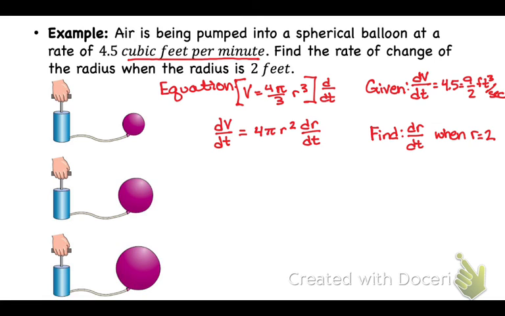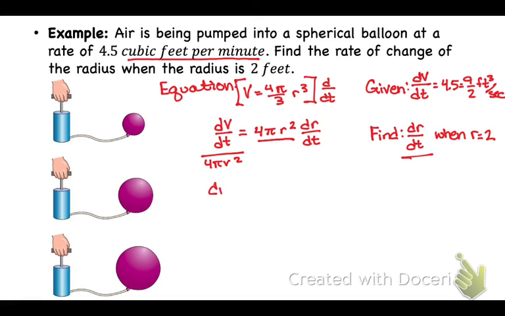Now, I need to find dr/dt. So before I plug anything in, should I be solving for dr/dt? Yes. And this is all multiplication, so how do I move it to the other side? Divide. So I'm going to divide this by 4 pi r squared.